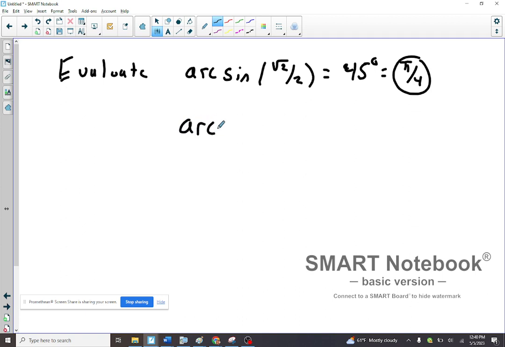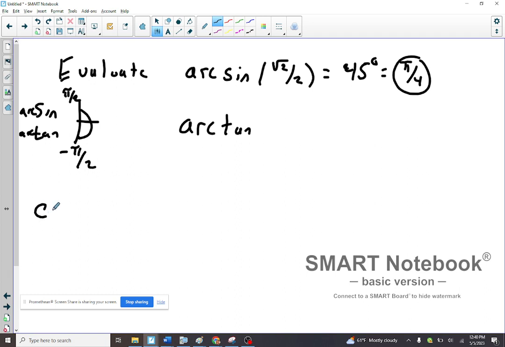Now remember, for sine and tangent, arcsine and arctangent, your answers have to be in the first or fourth quadrant. So your final answers here should technically be between pi over 2 and negative pi over 2. One's positive, one's negative here.